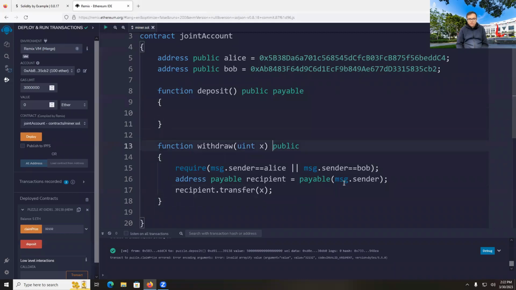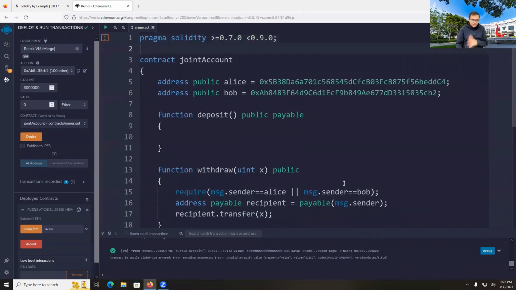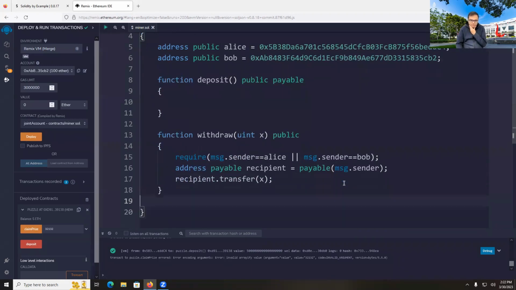And I don't have to worry if this contract has enough balance and things like that, because if someone tries to take more than the balance of this contract, even if it's Alice and Bob, when it gets to this point, the contract doesn't have X units. And so again, the entire transaction will be reverted. We will just have an error. So I don't care about that. And so this is a very simple joint account contract.